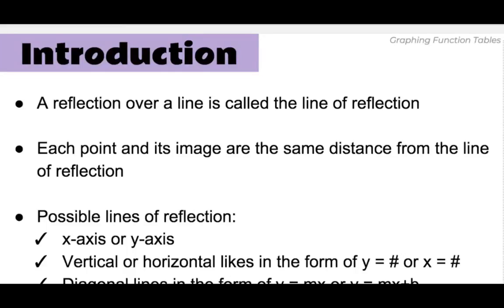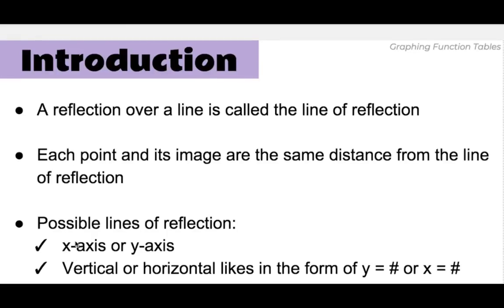Okay, so the first possible line would be the x-axis or y-axis. It could be a vertical or a horizontal line. Oops, that should say lines. In the form of y equals a number or x equals a number.